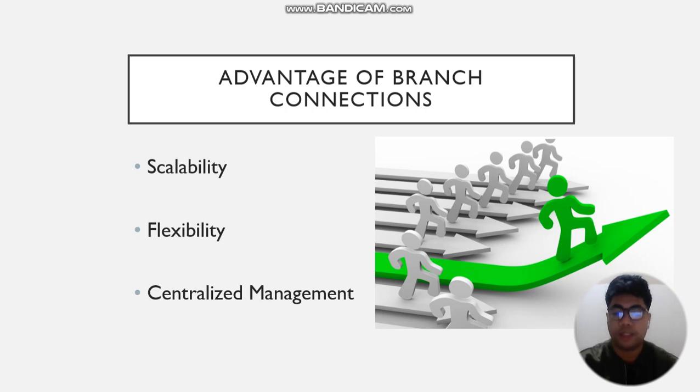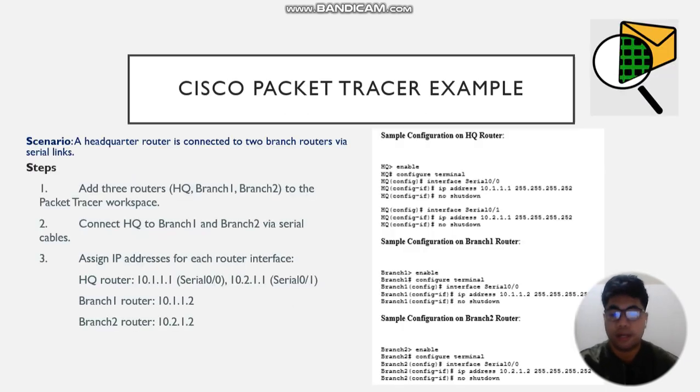Now let's go over to the Cisco Packet Tracer example that I've also created. The scenario is there is a headquarters router that is connected to two branch routers via serial links. Here are the steps. Add three routers, name them HQ, Branch 1, and Branch 2, to the Packet Tracer workspace.